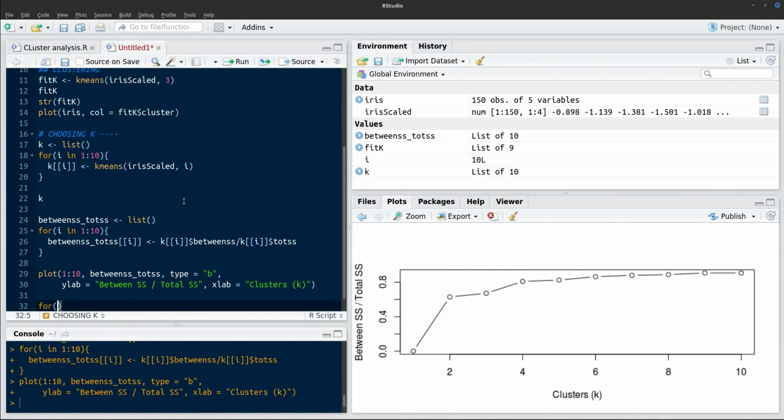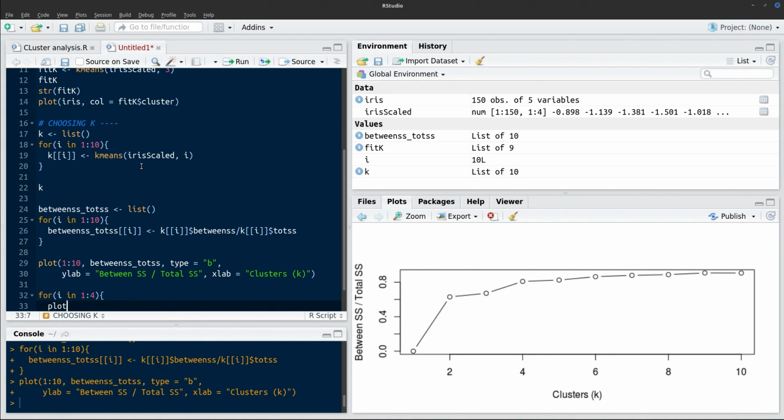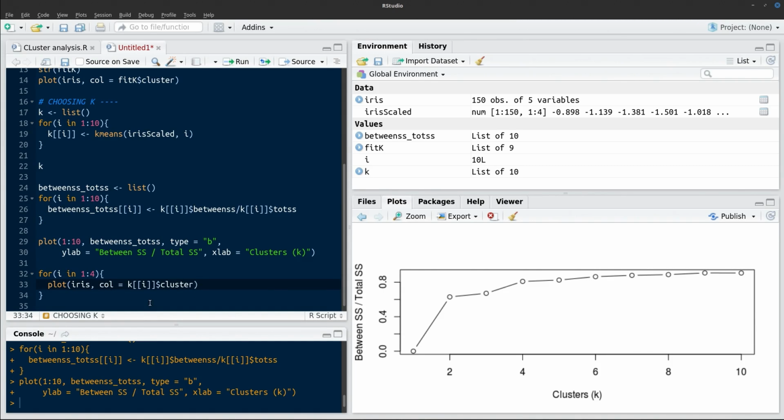So I'll say for I in 1 to 4, plot iris, and the color is equal to cluster membership from each of our K-means models. So this will basically plot the results from looking for 1 cluster, 2 clusters, 3 clusters, and 4 clusters, so that we can select by eye which we believe is the most appropriate.